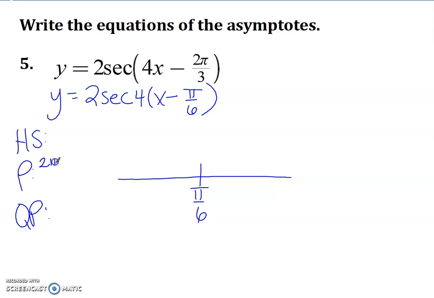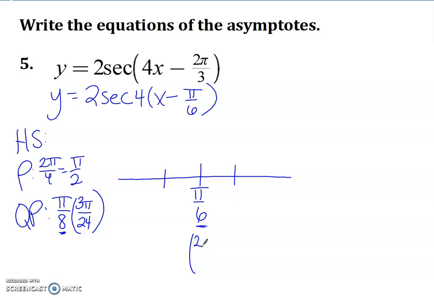The period is 2 pi over 4, which is really pi over 2. 1/4 of that is pi over 8. This has to match with that, so we have to get common denominators, so we're thinking 24. So that's really 3 pi over 24, and that's really 4 pi over 24.